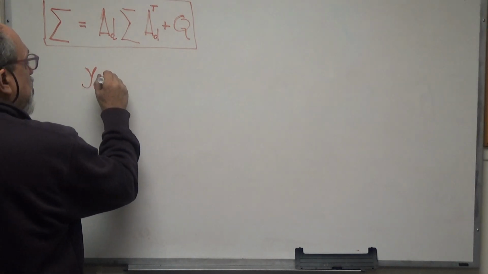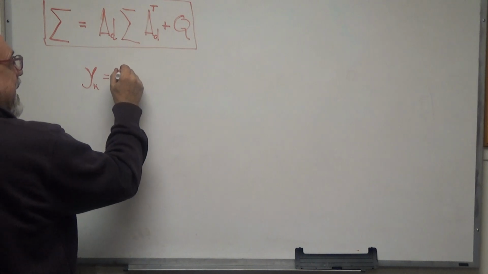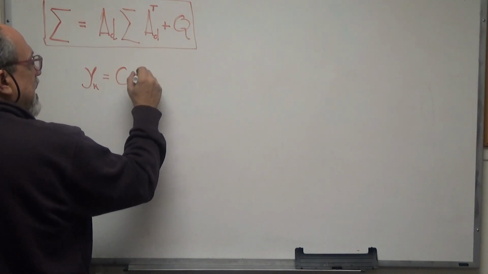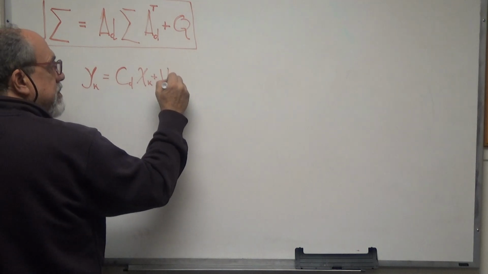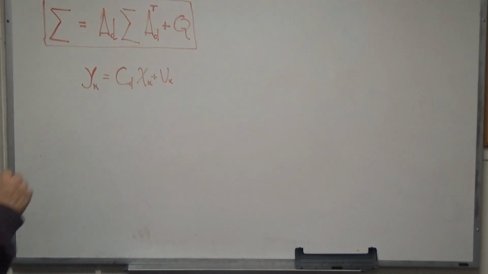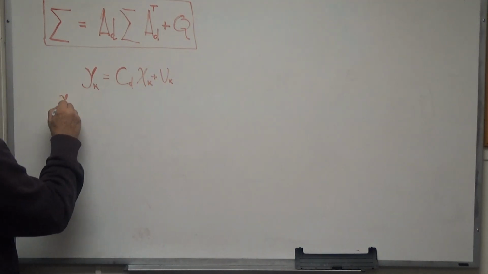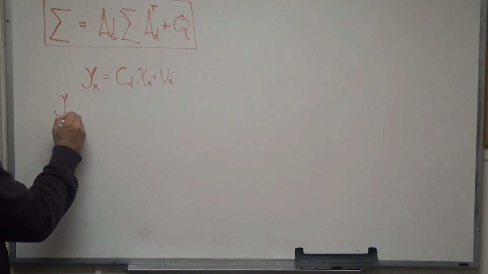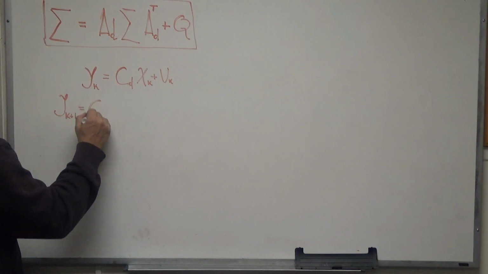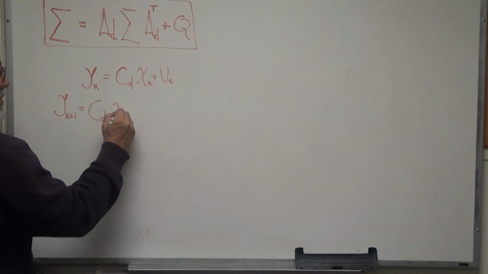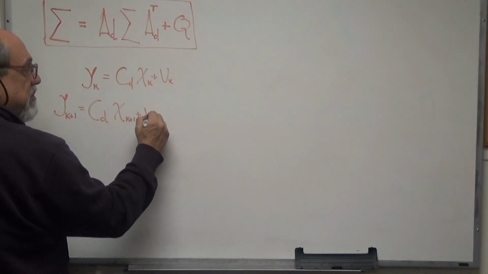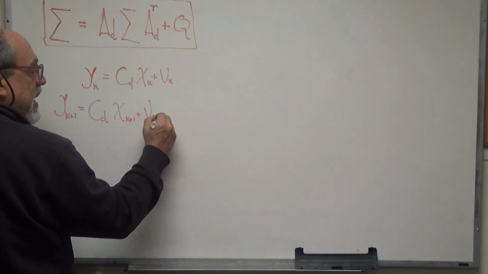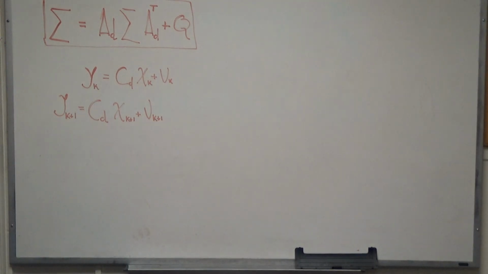So let's begin with y at k. y at k is equal to CD x at k plus vk, right? Now from that, you also see that y at k plus 1 is equal to CD times x at k plus 1 plus v at k plus 1, right?